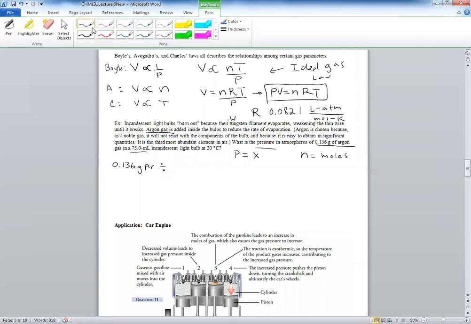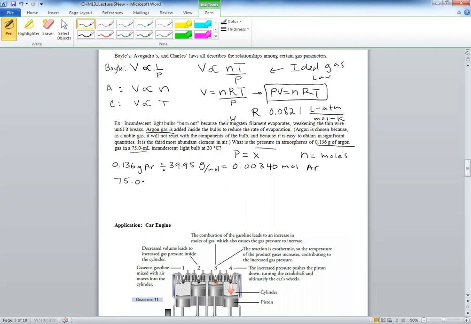Again, we know how to do stoichiometry. And that would give us 0.00, we need 3 sig figs, 0.00340 mole of argon.